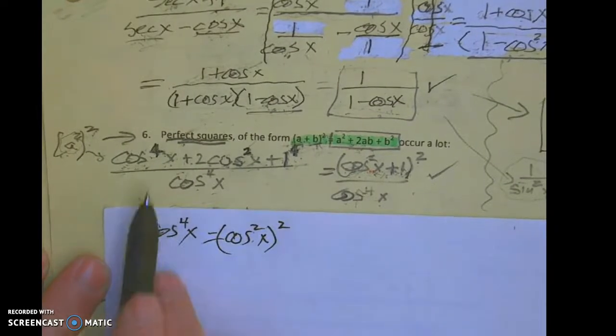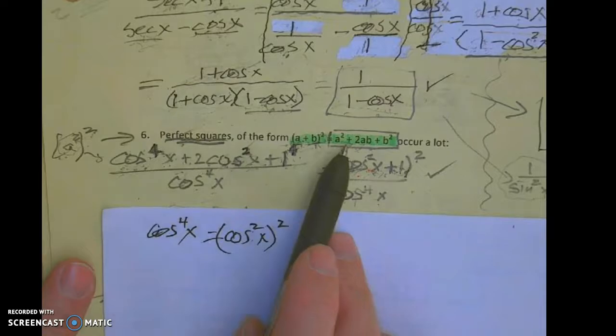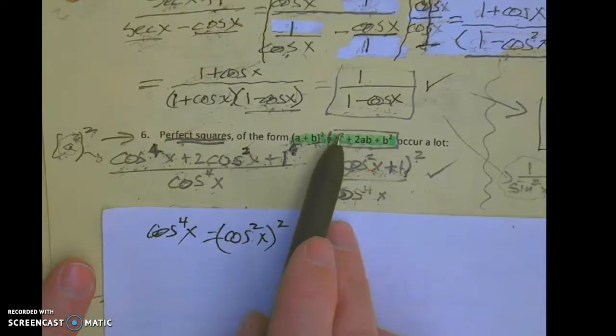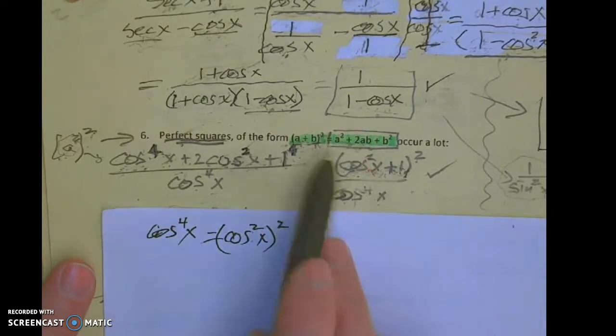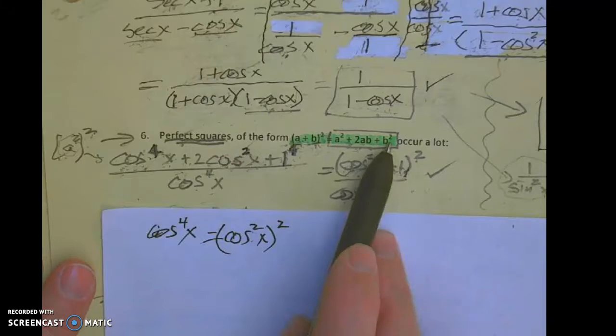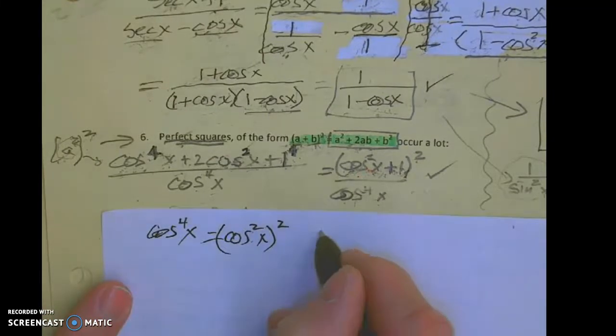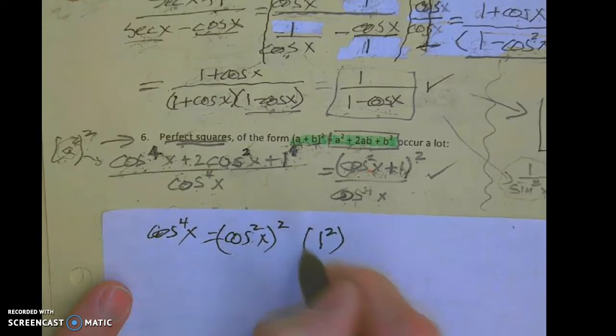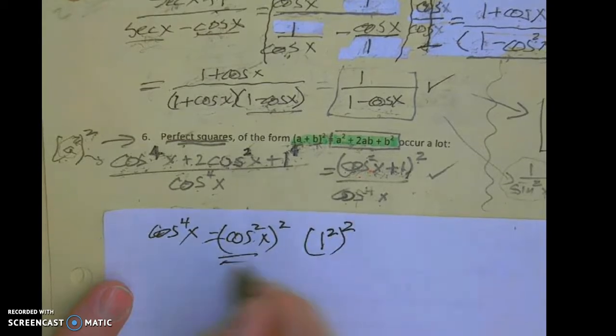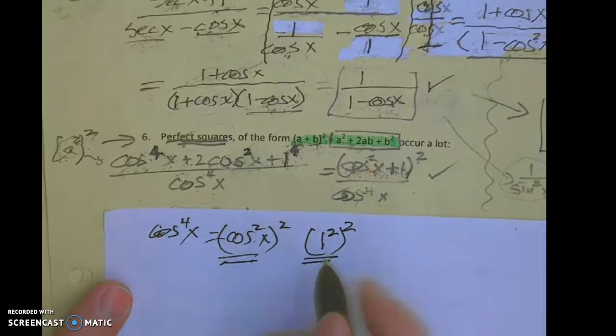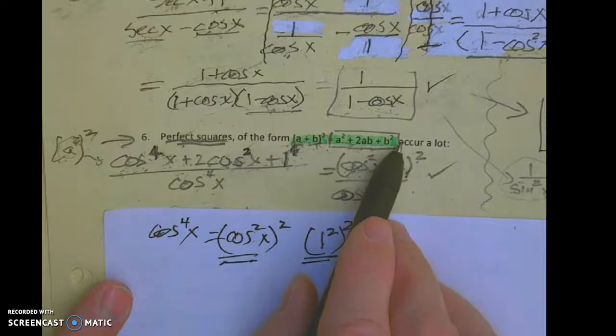So I really have a perfect square in this form right here. I've got something squared plus 2 times a and b, which are front and back, and then the end is squared as well. Well, that 1 to the 4th can also be rewritten as 1 squared quantity squared. So this term right here and this term right here match up with a squared and b squared.